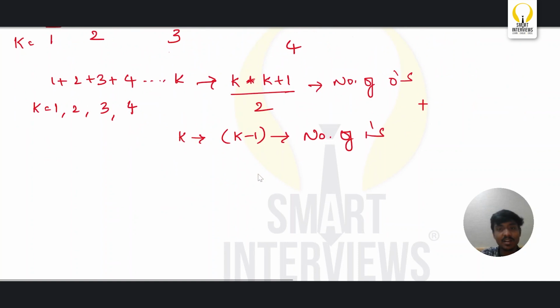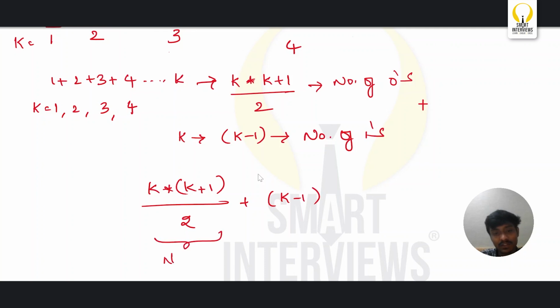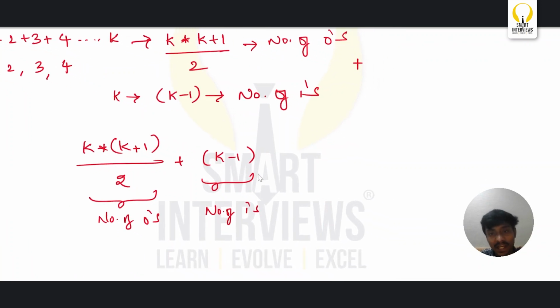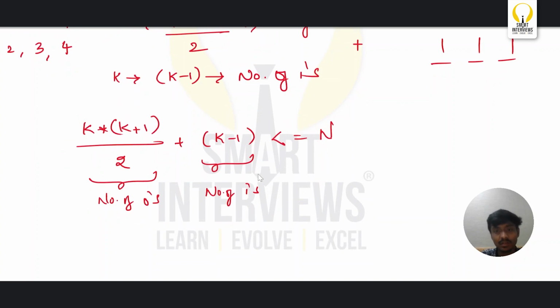So the number of positions occupied by zeros, k into k plus 1 by 2, plus k minus 1, the number of ones, should be less than or equal to n. If it is less, that means there are empty spaces at the end. You can just replace them with ones, which even keeps the string valid. So this will be a condition.